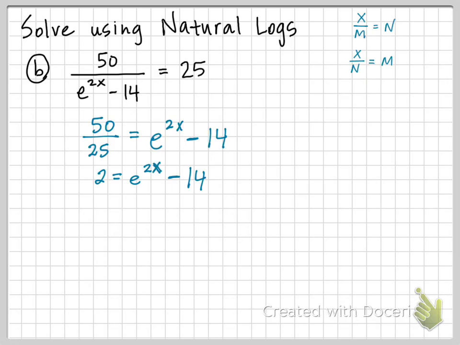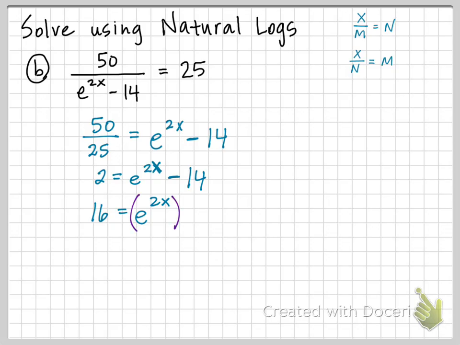From here, to move the 14 to the other side and isolate the e so I can convert to exponential, I need to add 14 on both sides. So 16 is equal to e to the 2x. From here, you have some options. You could 1/2 both sides to get rid of the 2, or you could natural log both sides, and you would still end up with the same answer at the end.